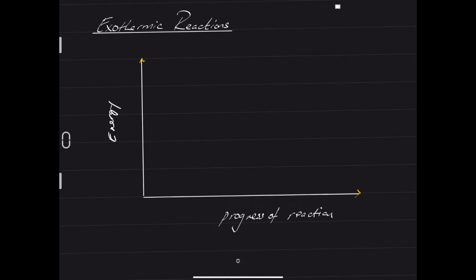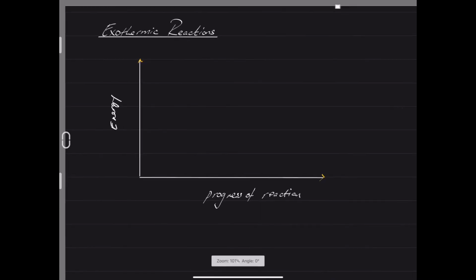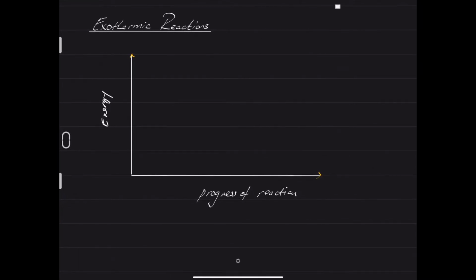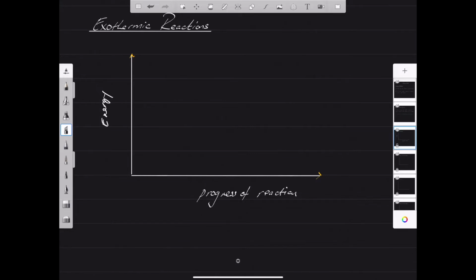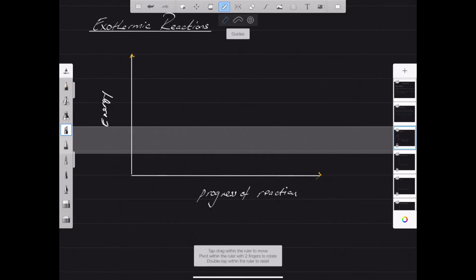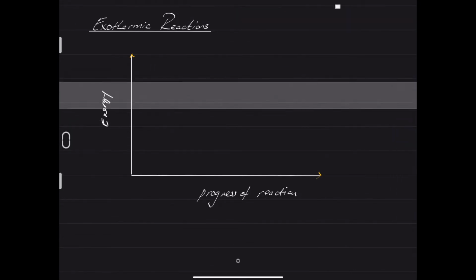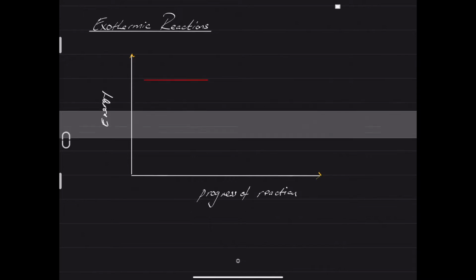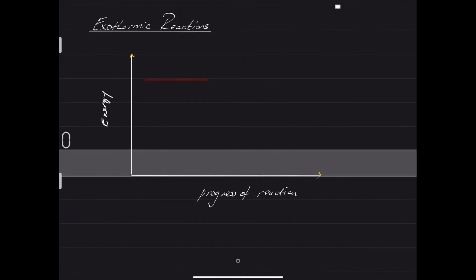Now we're going to represent the reactants and the products for an exothermic reaction. This is important when we look at the reactants and products in relation to each other. For exothermic reactions, they always take this particular pattern. So we'll take a line here, and we'll take a line here.